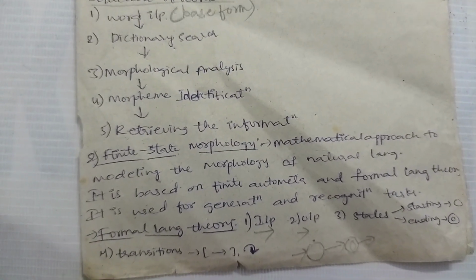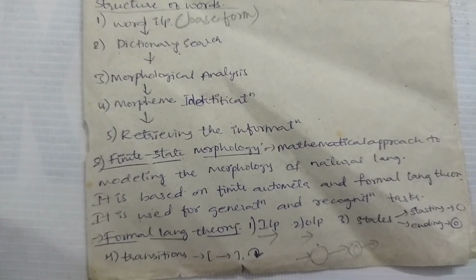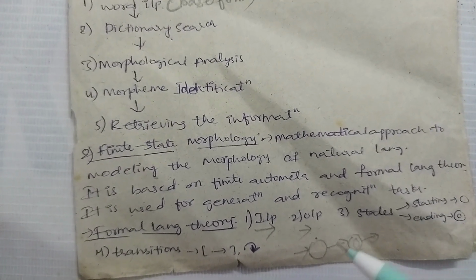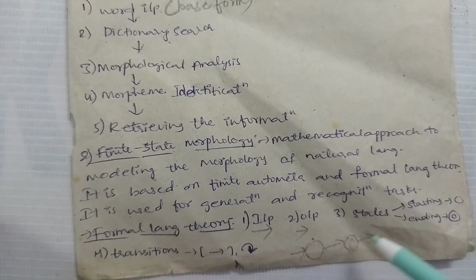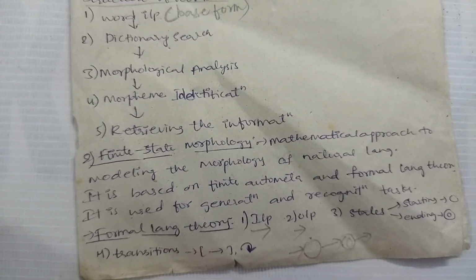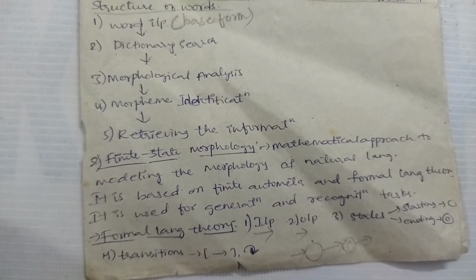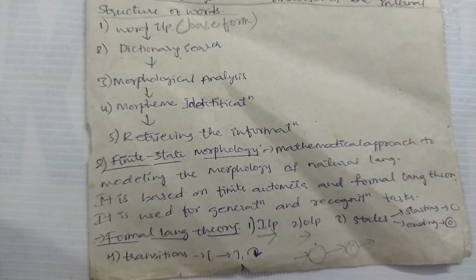For transition representation we use arrow marks. This is the representation: starting with a single circle, ending with a double circle, and in the middle a left-to-right arrow with the arrowhead on the right side.